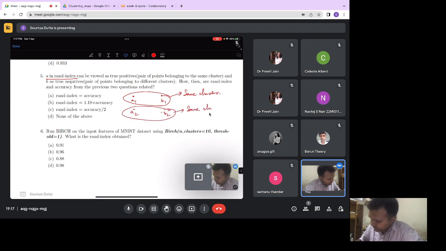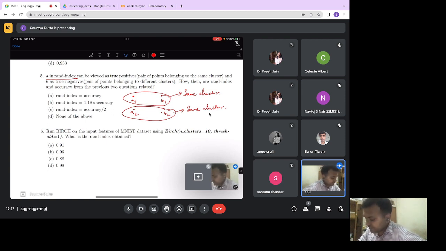This is your ground truth that has been given to you. Now you run some clustering algorithm, you run k-means, you run Birch or whatever, and you cluster all these points A1 B1 A2 B2 somehow, and then you have your cluster assignment of A1 B1 A2 and B2.